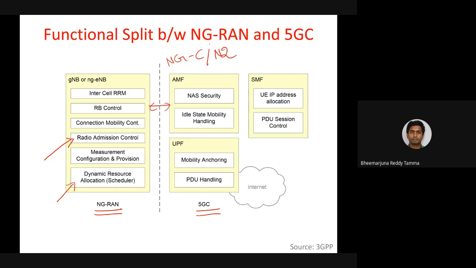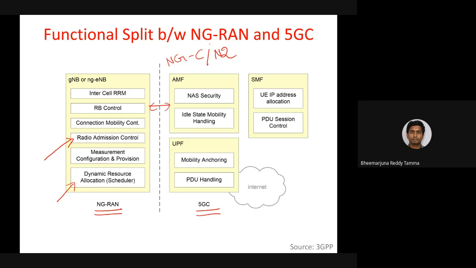And we again have the SMF, which also takes care of the IP address allocation and controlling the PDU sessions. And in the user plane, we have the UPF, which does the mobility anchoring, especially when the user is moving from one base station to another. It is the UPF which buffers the traffic and reroutes the traffic to the new base station.